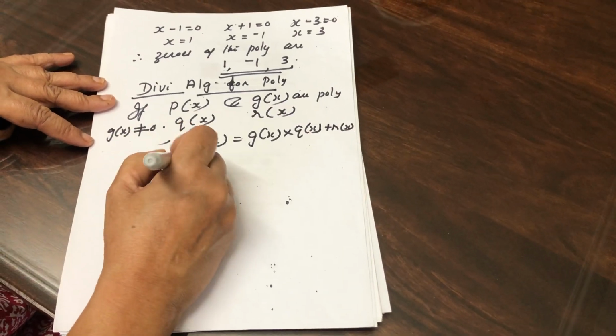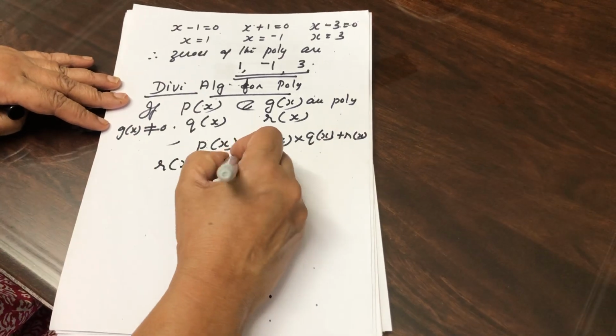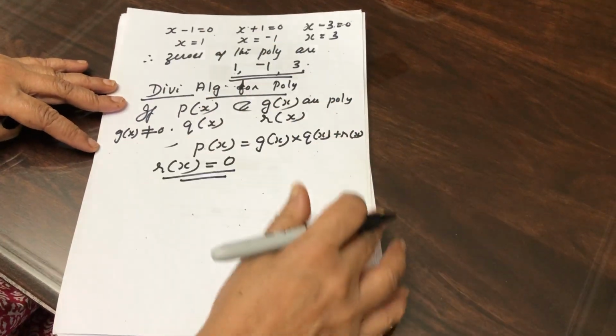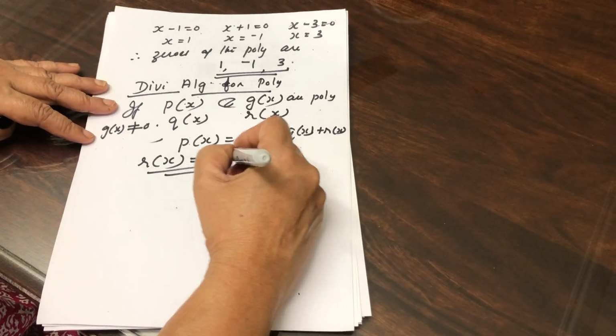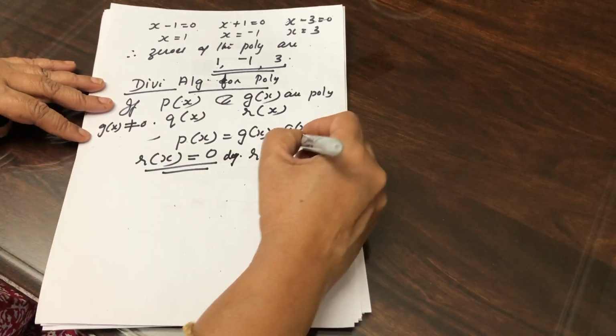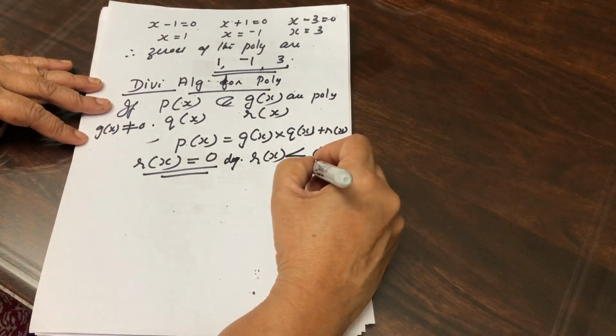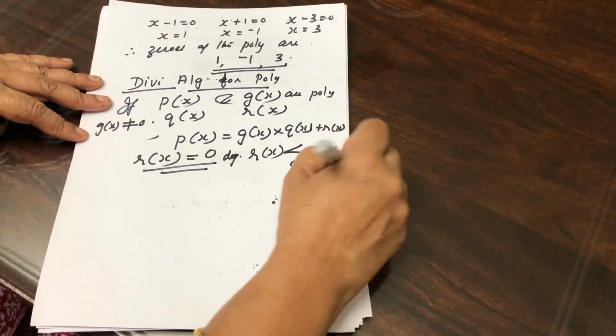But you have to stop this division process when r(x) becomes 0, or the degree of the remainder should be less than the degree of divisor g(x).